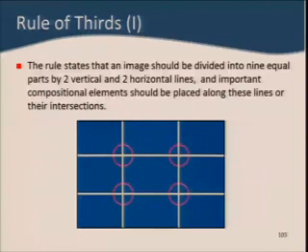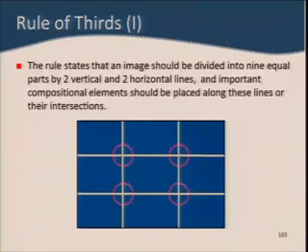So what's the rule of thirds? When you try to frame a particular imaging scene and capture an image, many people agree that you can imagine the image you're trying to capture is divided evenly by 2 horizontal lines and 2 vertical lines.